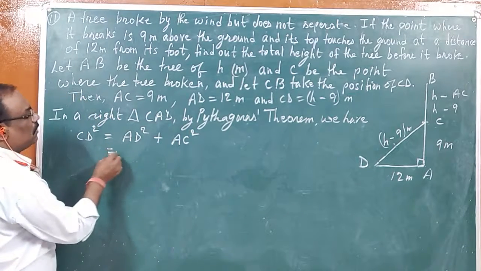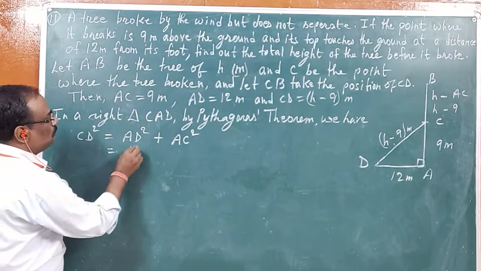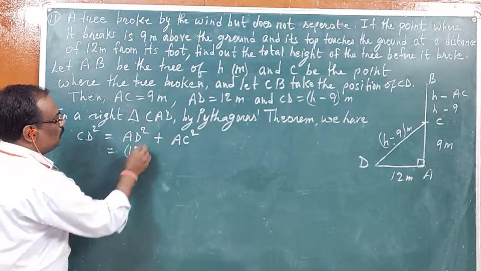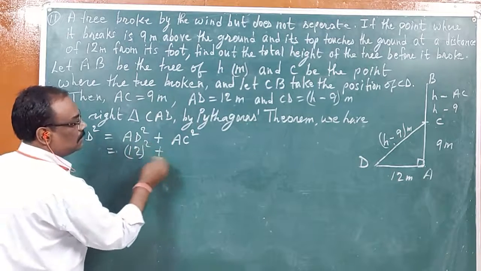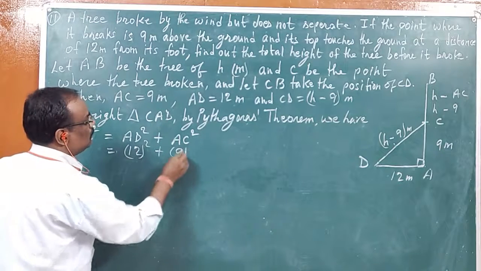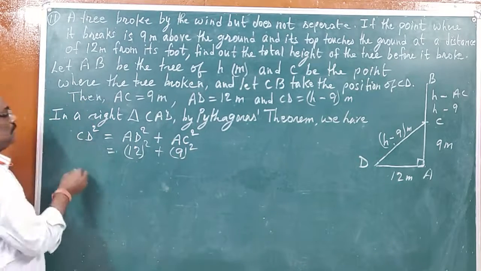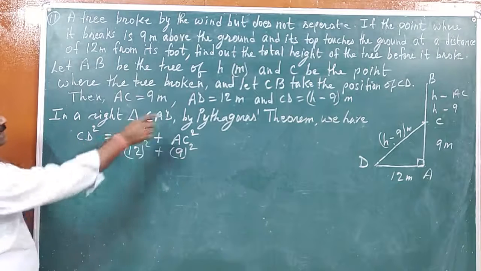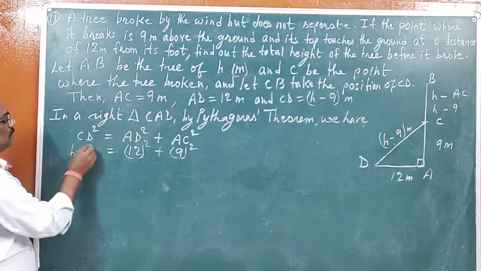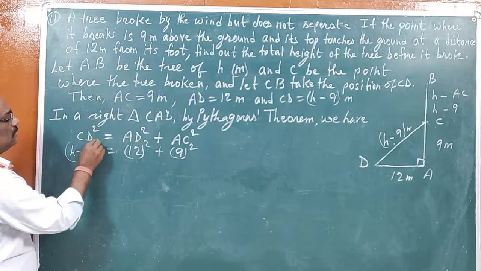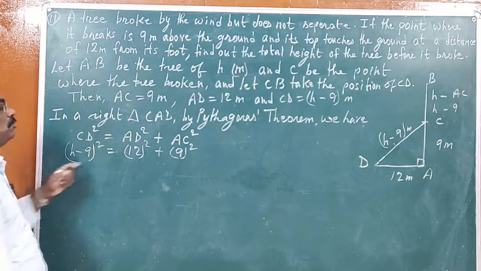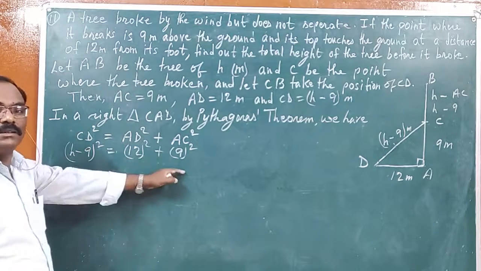So here AD is 12. So we will write 12 square plus AC is 9 square. We have written CD as h minus 9. So we can write h minus 9 square is equal to 12 square plus 9 square.